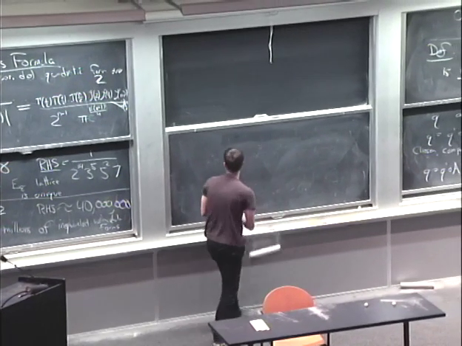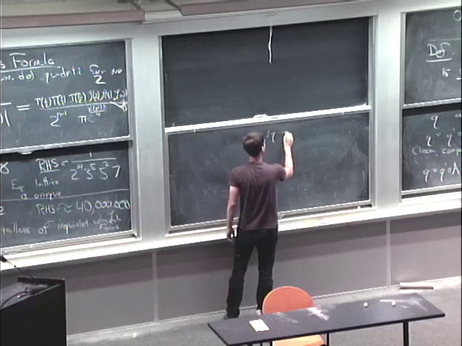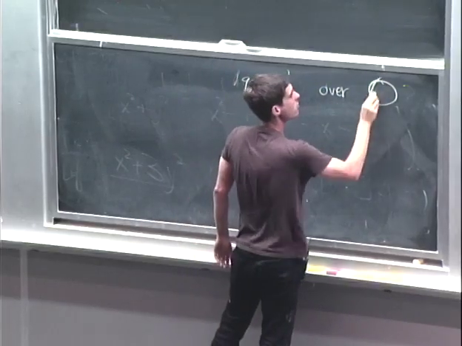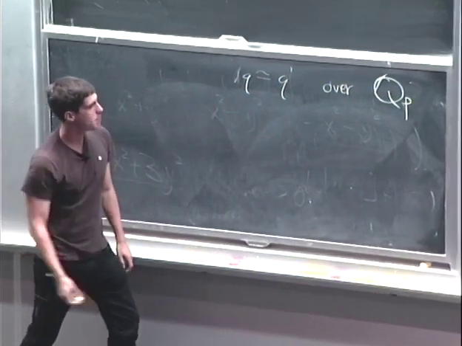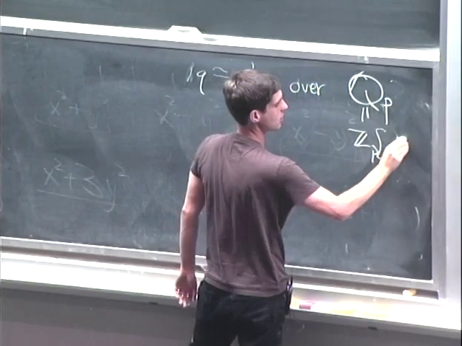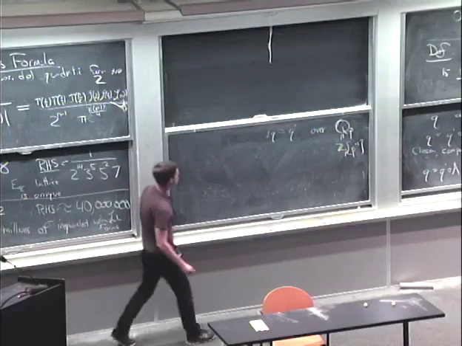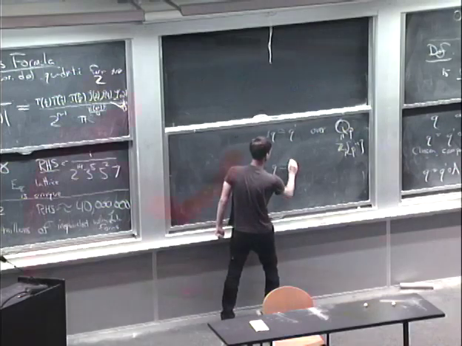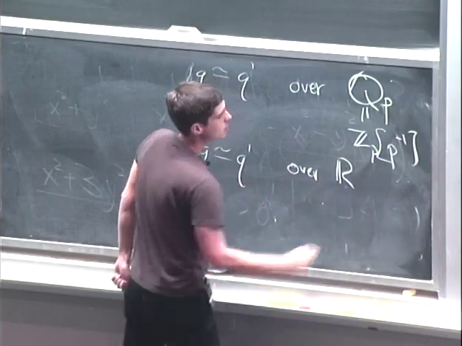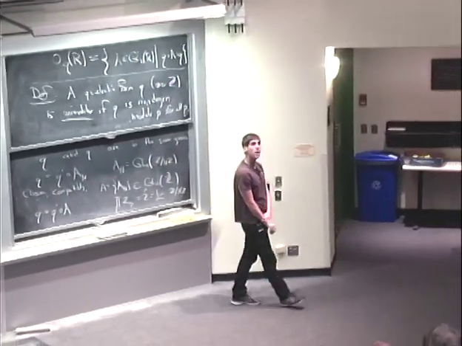Well, this tells me that Q is equivalent to Q prime over the p-adic rationals for every prime number p. Here the p-adic rationals means the p-adic integers adjoin p inverse. And also, Q and Q prime are equivalent over the real numbers, because I said from the beginning that I only wanted to consider positive definite quadratic forms.